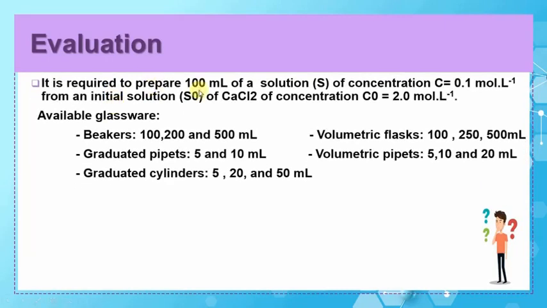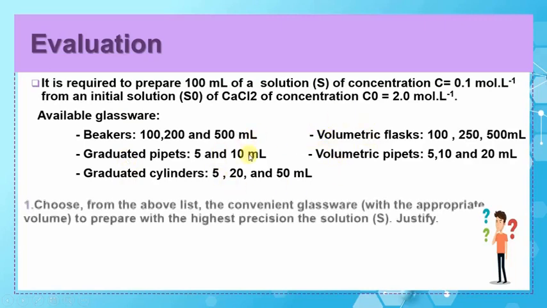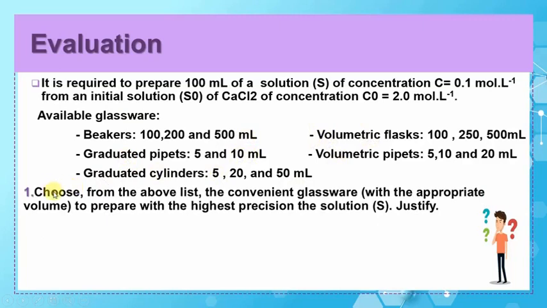Evaluation time. It's required to prepare 100 milliliters of a solution S of concentration 0.1 mole per liter from an initial solution S0 of CaCl2 of concentration C0 equal 2 mole per liter. Available glassware: beakers, graduated pipettes, graduated cylinders, volumetric flasks, volumetric pipettes of different capacities. Question number 1.